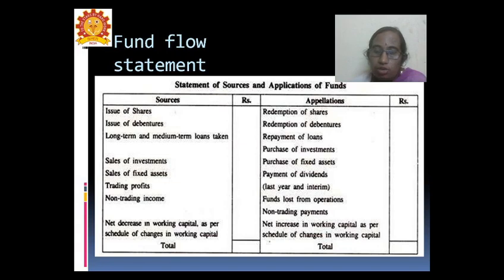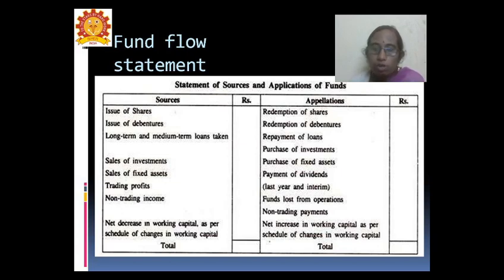So here we are stating about the sources, where we find out about the issue of shares, issue of debentures. All these items will be given in the balance sheet between the 2-year period. We have to find out whether there is an issue of shares. On the right hand side, in the application side, we find that there is a redemption. If there is an increase, we are going to be taking the issue.